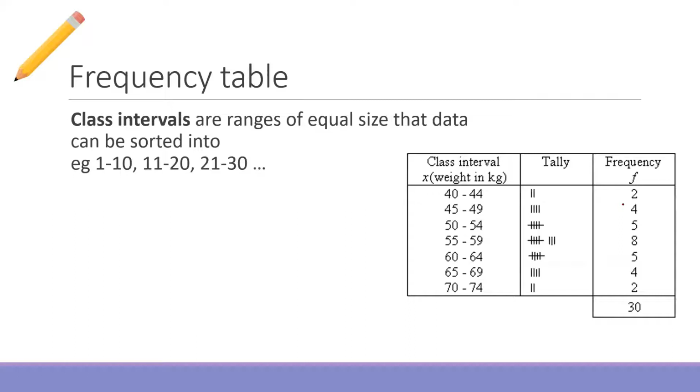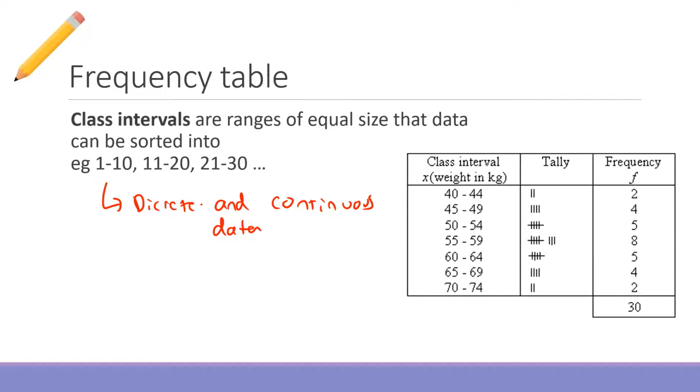The other advantage of a class interval, which I haven't got written down here, is that these are good for discrete and continuous data. And of course, you should be noticing that we're not talking about categorical data or ordinal data, but that's okay. We're just going to talk about these two.